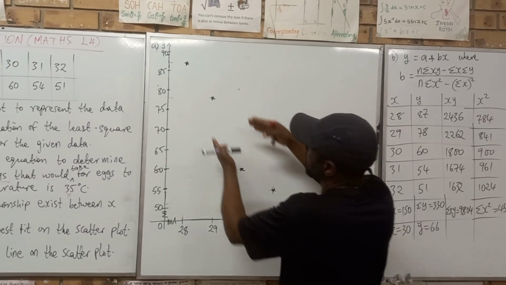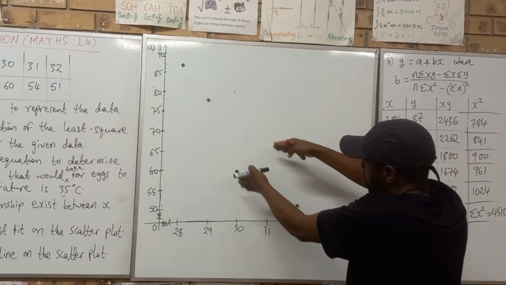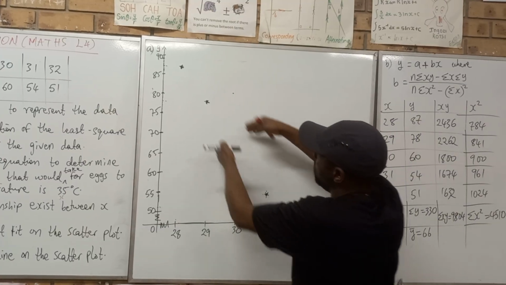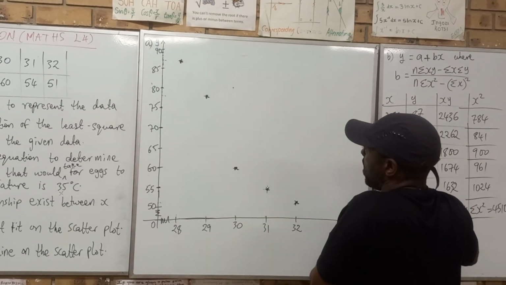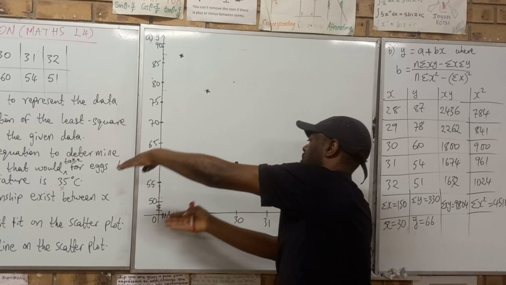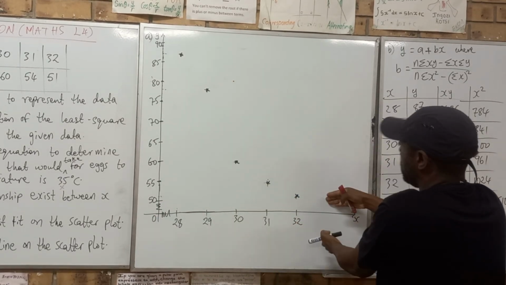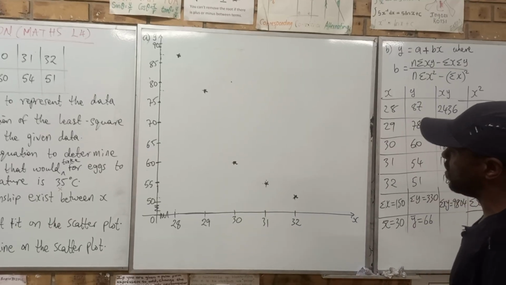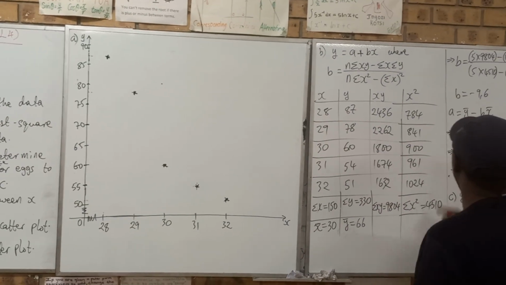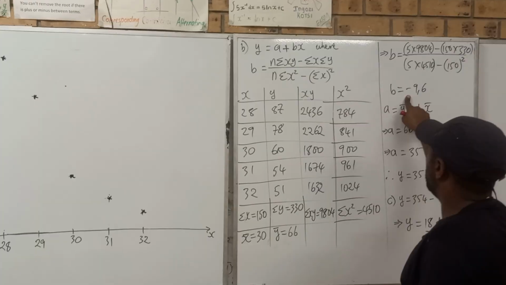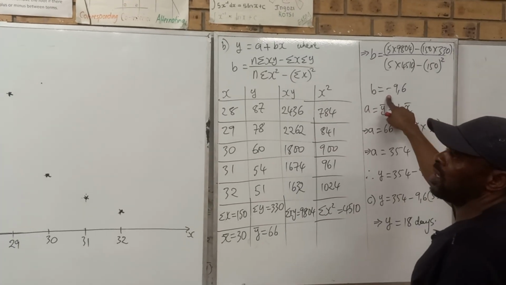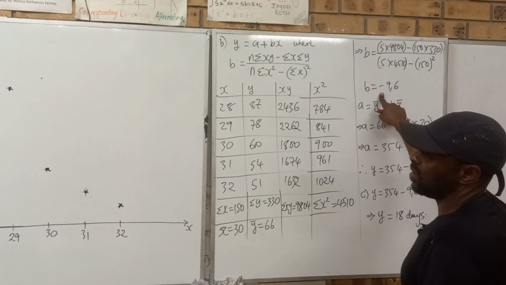So if your points are scattered in this direction of negative gradient, this is a negative relationship between x and y. If it was in this direction, it's a positive relationship. So we can see clearly on the scatter plot that it's a negative relationship. Another place to see the relationship between x and y is the value of b. If your b is negative, it's indicating that the relationship between x and y is a negative one.